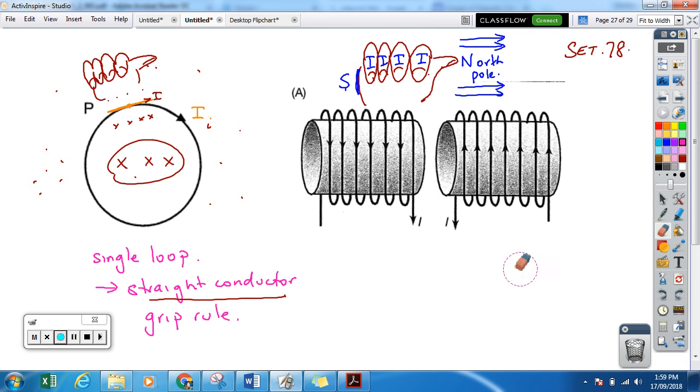Now don't forget, this is not the right-hand grip rule for a straight conductor, this is the right-hand grip rule for a solenoid. In this case, your fingers are bent in the direction of the current.